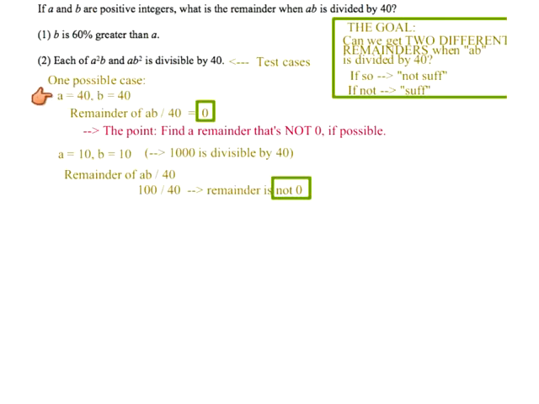Because once this happens, there's no point in trying numbers like 8 and 5, because 8 times 5 will just give you another 0 as your remainder. So you want to go for numbers that won't do that. Still not super obvious, but it's much more doable if you have that goal in mind at all times. That's in the green box up there. So we got 2 things to happen. It's not sufficient. So there you go.